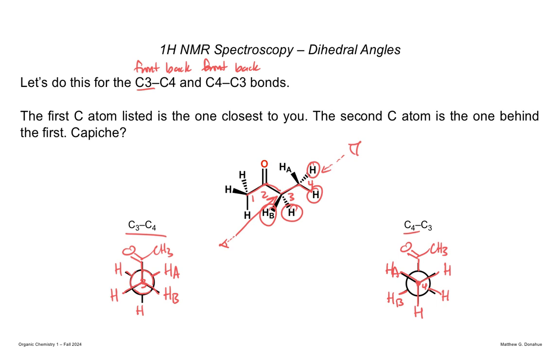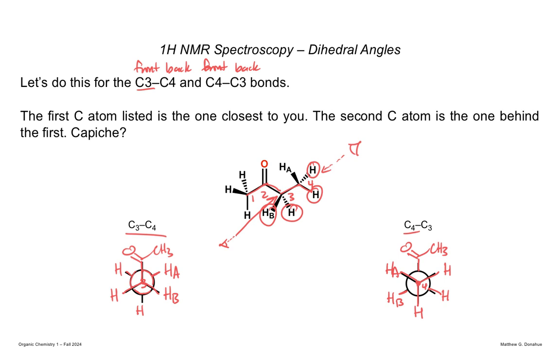So you can see that depending on what sigma bond is in the, or what carbon's in the front and what carbon is in the back, these substituents will be in different positions in the Newman projection. And so that's important for determining the dihedral angle, which we can now state.